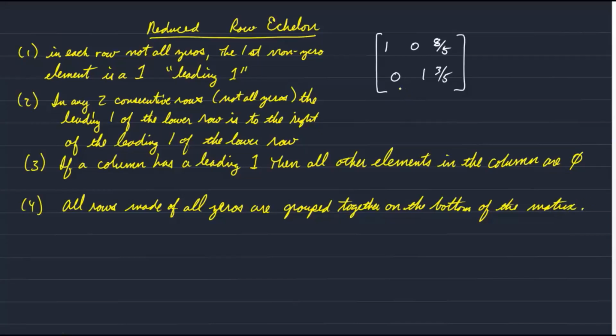So in this case, we didn't have any rows that were all zeros, but if we did, then we would place all of those rows on the bottom, and they'd be grouped together on the bottom.